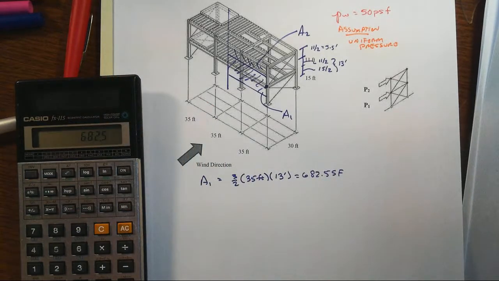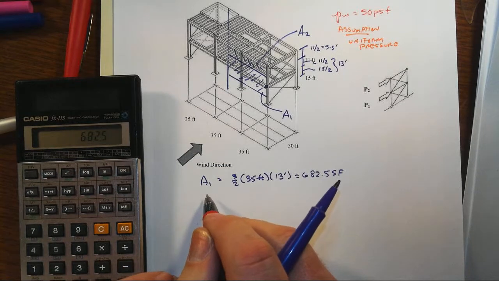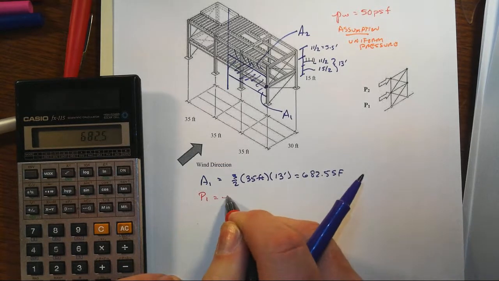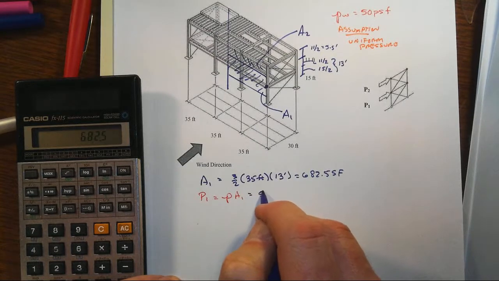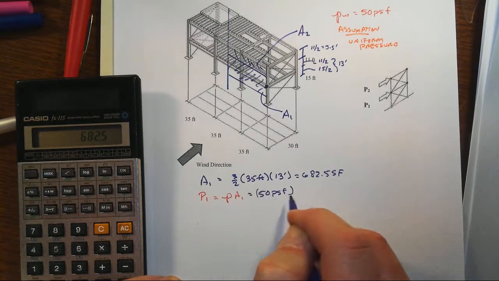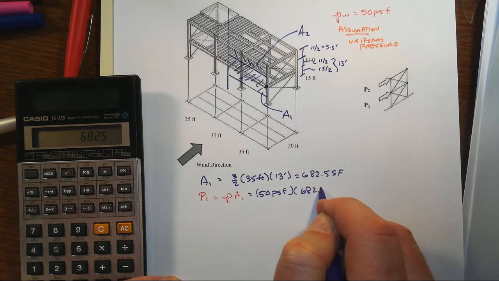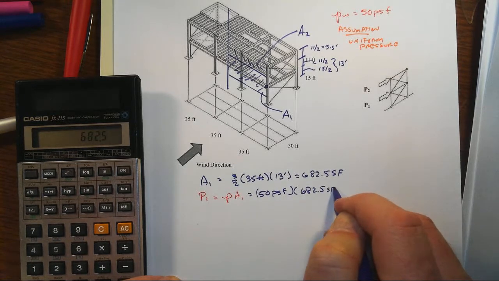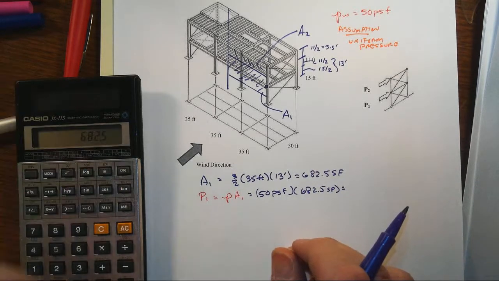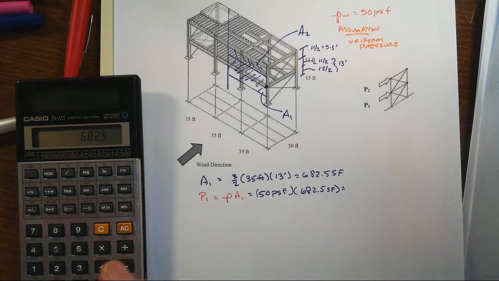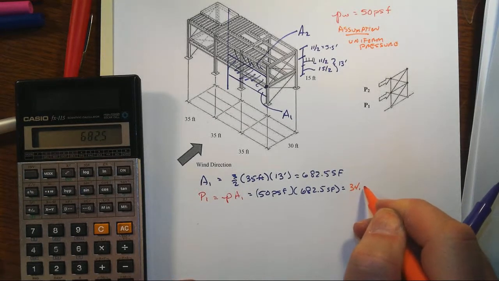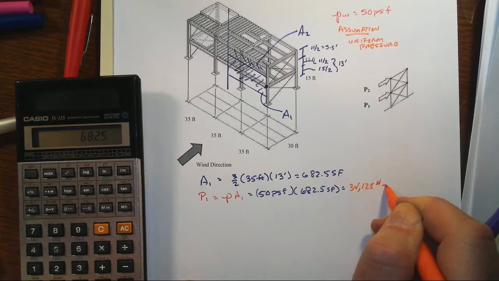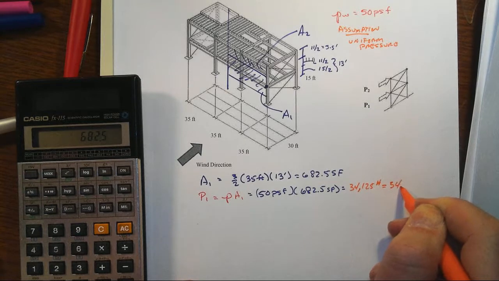So that then our force P1 equals the pressure times A1, and so that will equal 50 pounds per square foot times our 682.5 square feet, and that should equal 34,125 pounds, or 34.1 kips.